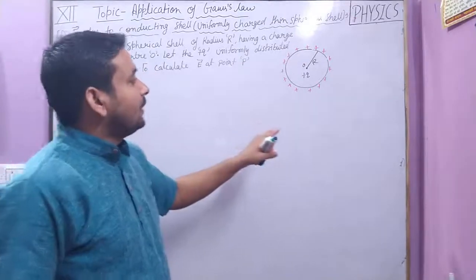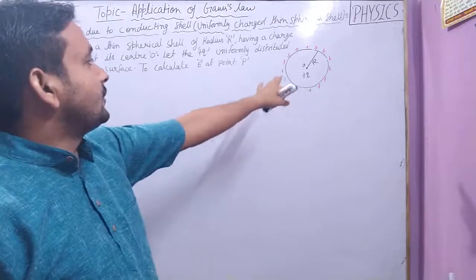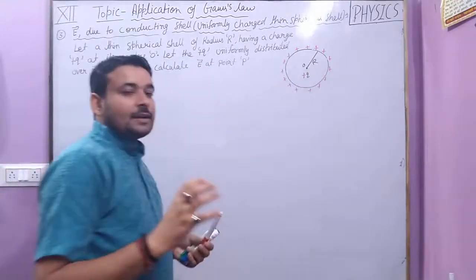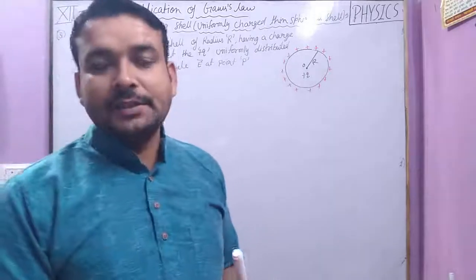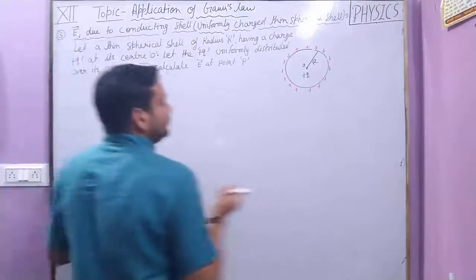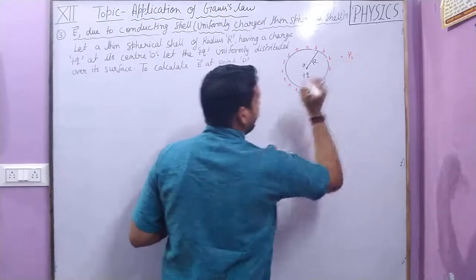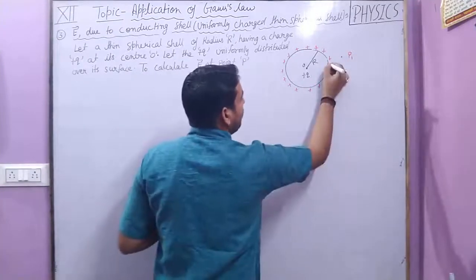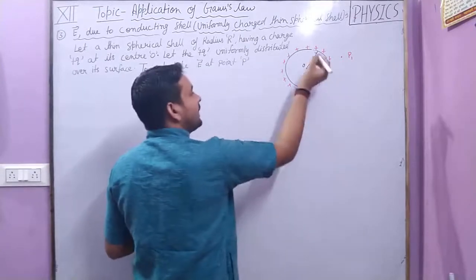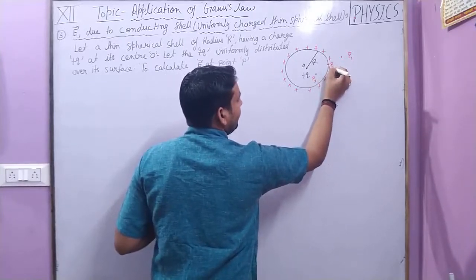Now to determine the electric field by this thin spherical cell having a charge q at the center, we consider three places for the point P. One is outside, let's say here P1, another is on the surface, and another is inside the surface. This is P3, this is P2.